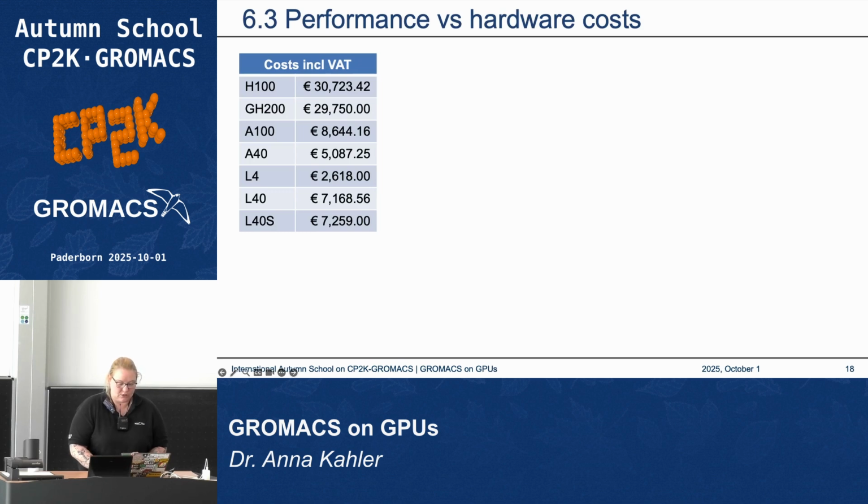But this is the Hopper, and the L4 is really nice. It only costs €2,500. I mean, this is something you could maybe buy for yourself and put in a server somewhere. But compared to the H100, if you want to buy a lot of GPUs, you go for the cheaper ones.